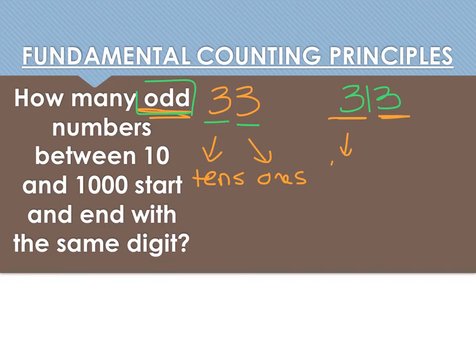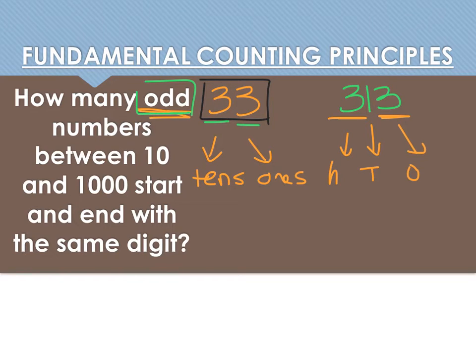So it's got a hundreds place, a tens place, and a ones place to keep track of. So the first thing we need to do is try to figure out how many 2-digit numbers fit into this scenario that are odd and begin and end with the same digit. And we need to think about our tens and our ones place.